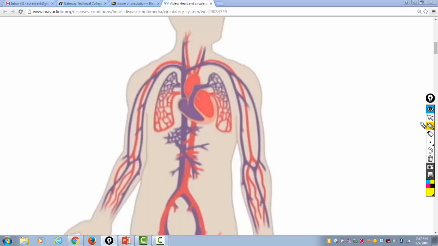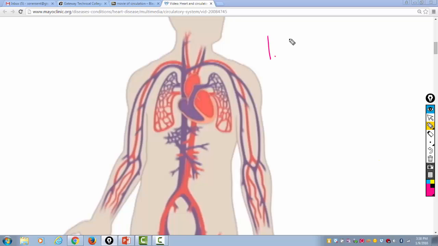First of all, a couple of things, right? Number one. If you look at the cardiovascular system, its primary function is to bring oxygen and nutrients down to the cells of the body.